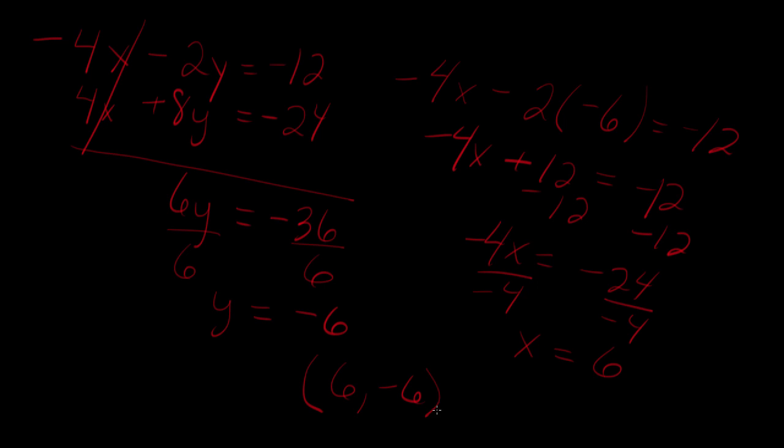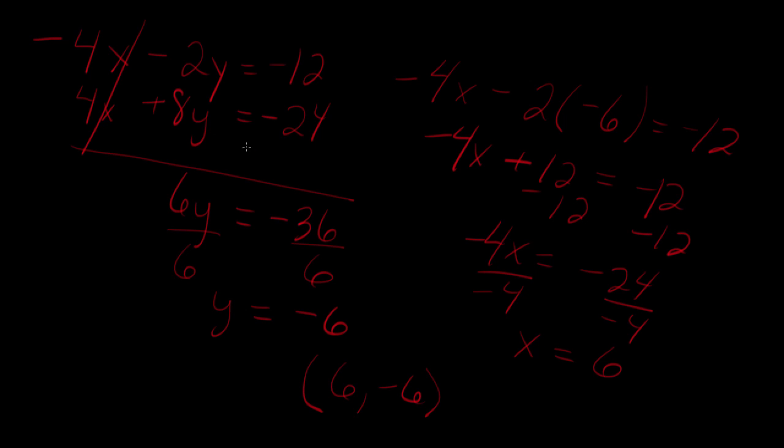When I say plug in, I mean to both of these equations, you would plug in 6 for x and -6 for y. So we would go -4 times 6 minus 2 times -6. Does that equal -12? We would do the same thing down here. 4 times 6 plus 8 times -6.